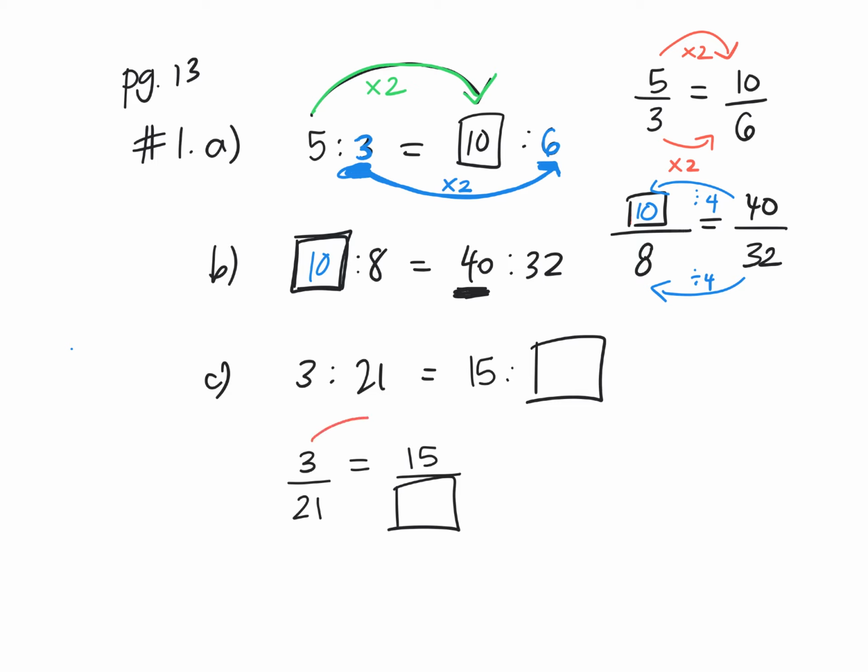How do we get from 3 to 15? Multiply or divide? Times 5, so I have to do the same thing to the denominator. What's 21 times 5? 105. That's it. That's the answer. We're just looking for equivalent ratios.